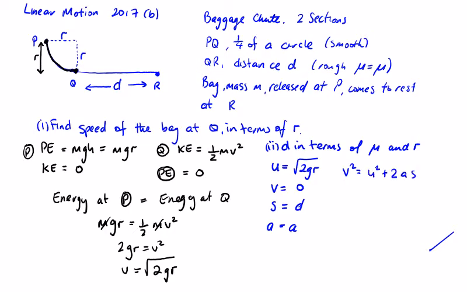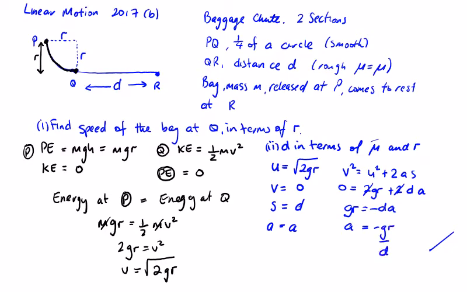So 0 is equal to 2gr, if we just square that straight away, plus twice my distance d by my acceleration a. So the 2's will cancel, and I'm left with gr is equal to minus da. So acceleration in terms of d is equal to minus gr over d.